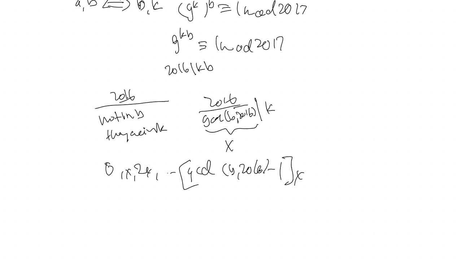The number we have here is just GCD(2016, b). Does everybody understand this step? So we're just listing them out and counting them, finding that there are GCD(2016, b) different values of k that satisfy this condition for a certain b.